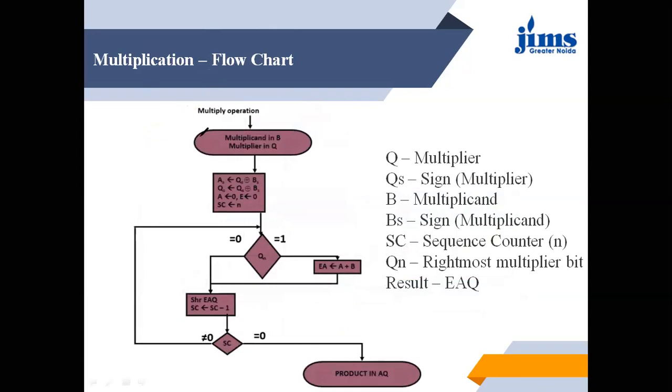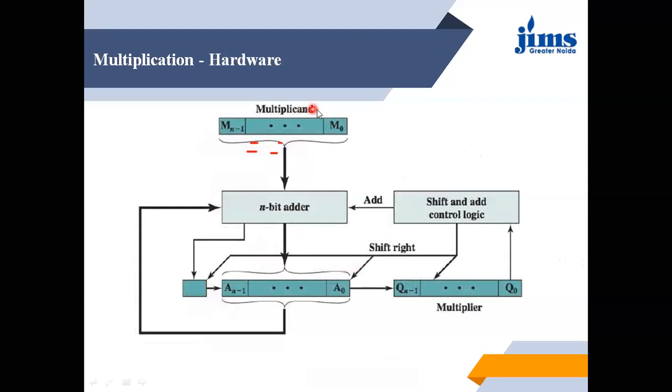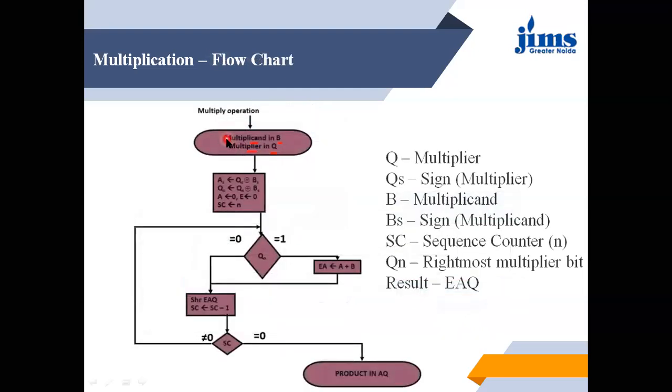Over here we have two numbers. Suppose I have a number in B, the multiplicand, and Q, the multiplier, as we discussed in the last slide.